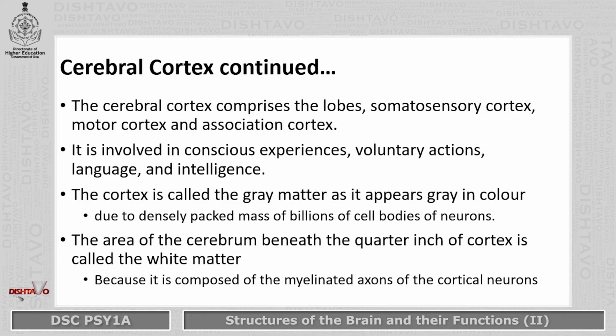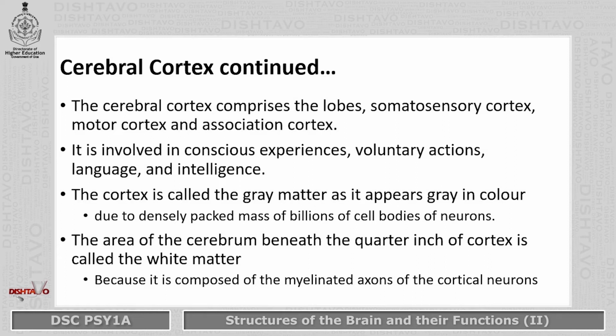The cerebral cortex comprises the lobes, somatosensory cortex, motor cortex, and association cortex. It is involved in conscious experiences, voluntary actions, language, and intelligence. The cortex is called the gray matter as it appears gray in color.